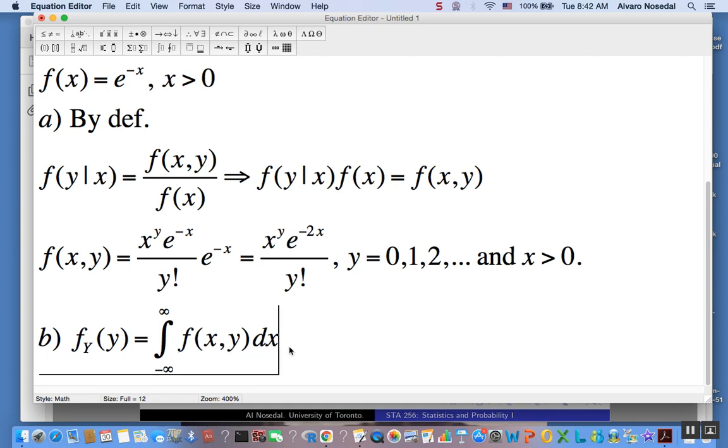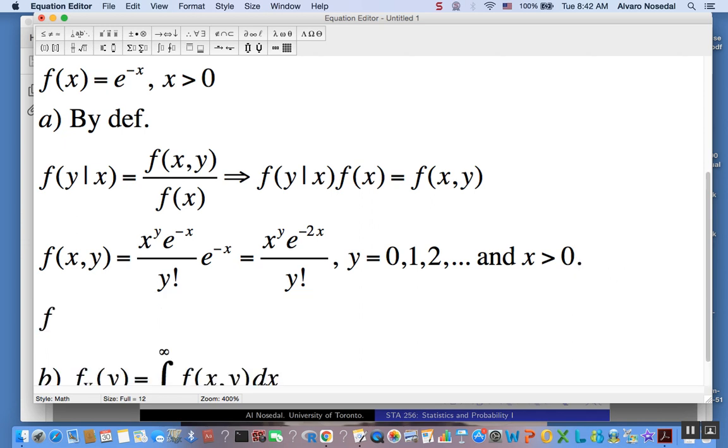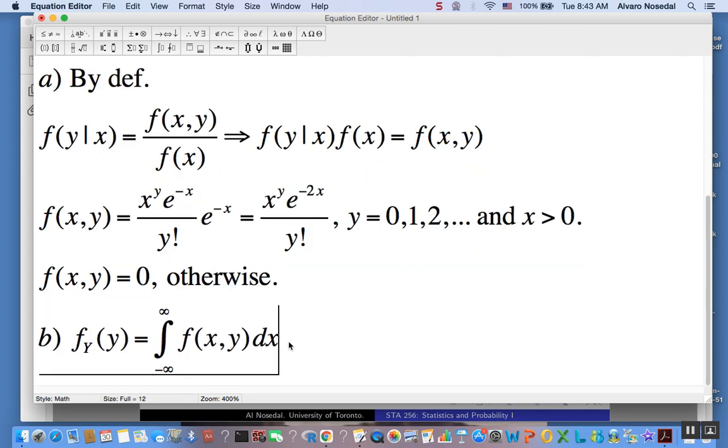But we know that it's going to be 0 elsewhere. This is the non-zero part, and if we want to be super specific, the joint will be 0 otherwise. So the only part that matters is from 0 to infinity, the non-zero part.